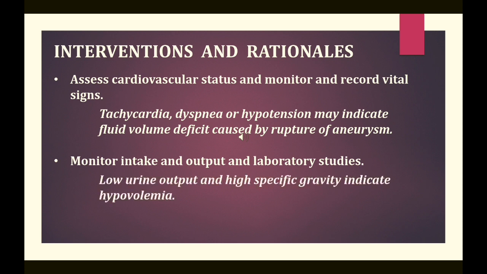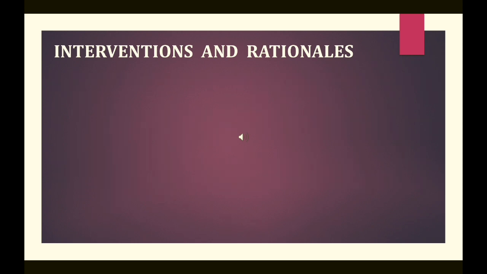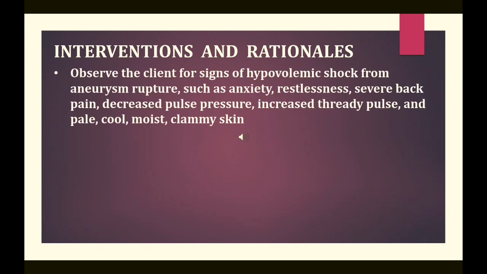Low urine output and high specific gravity may indicate hypovolemia. Observe the client for signs of hypovolemic shock from aneurysm rupture, such as anxiety, restlessness, severe back pain, decreased pulse pressure, increased thready pulse, and pale, cool, moist, clammy skin, to detect early signs of compromise.